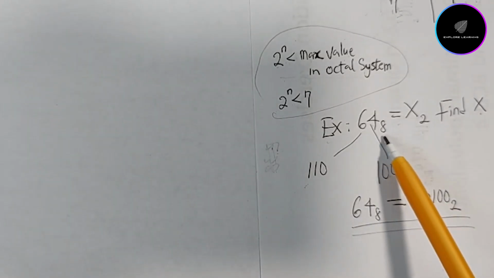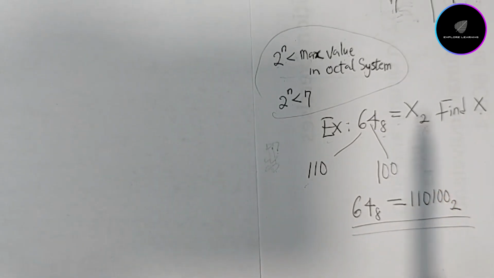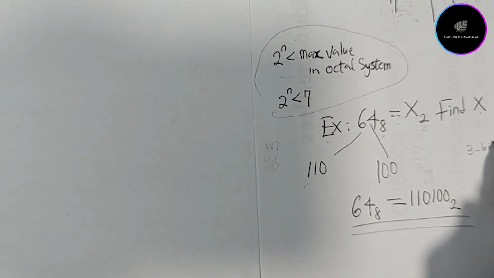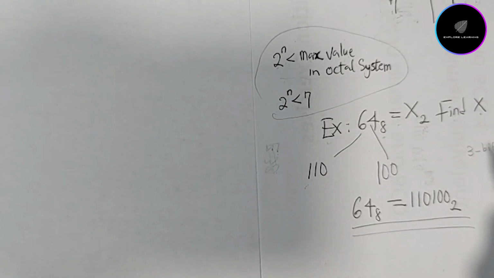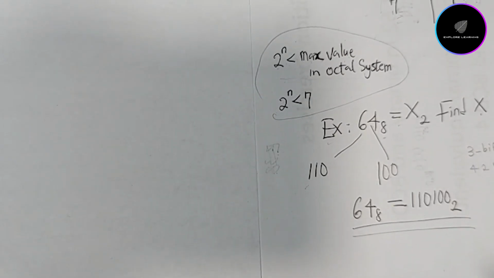Now remember, this is octal to binary. The relationship between octal and binary is a 3-bit system. Alright, 3 bits. And then for 3 bits we have to use the formula known as 4, 2, 1.